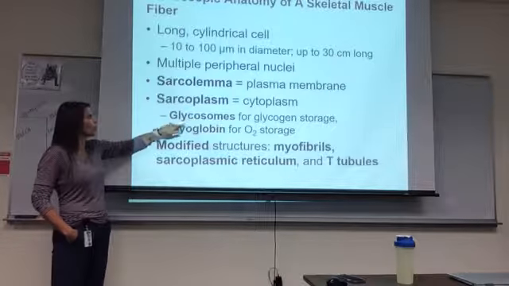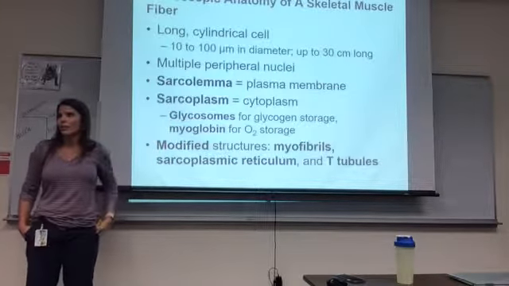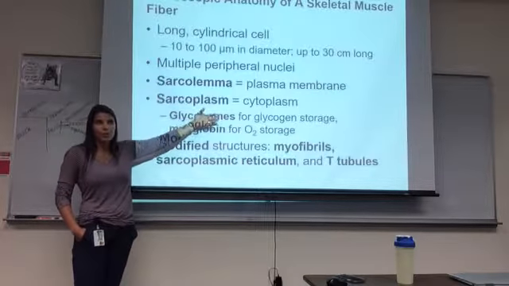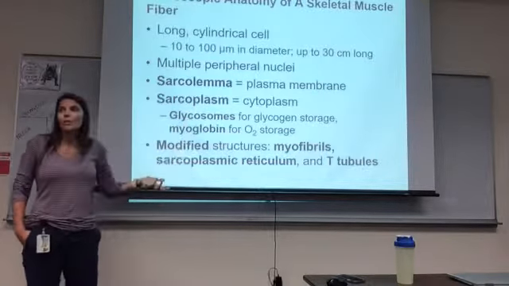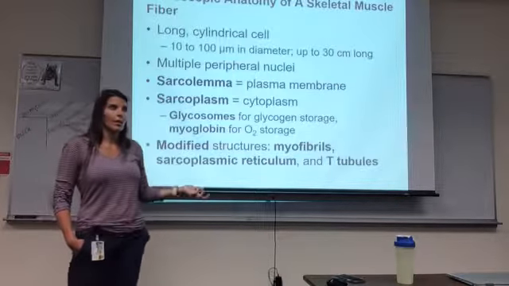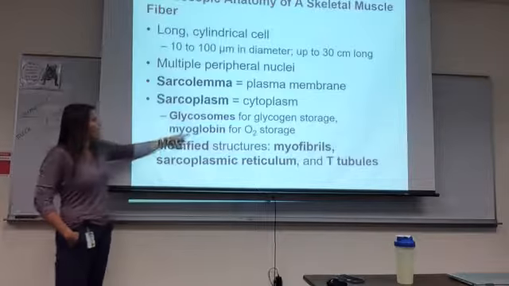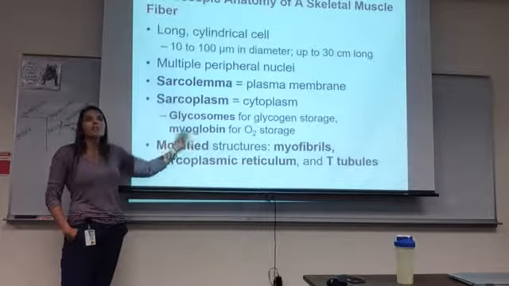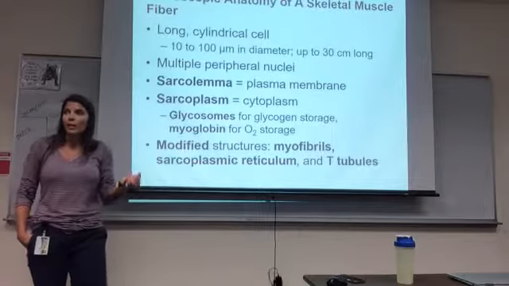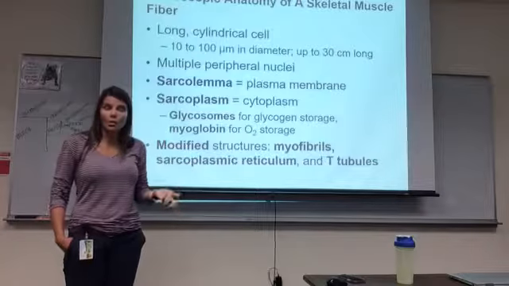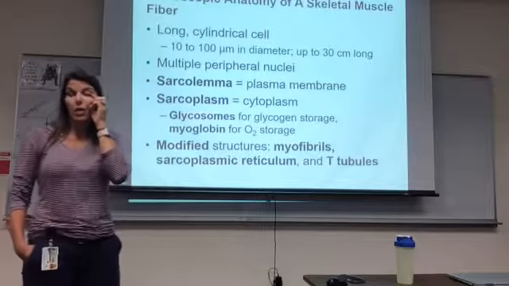Can you tell me what you think glyco sounds like? Sugar. So this is sugar storage, glycosomes. My muscles need glucose because glucose allows for ATP to be produced and energy for my muscles. Myoglobin. Myo tells me muscle. This is specifically a protein, like hemoglobin, but found in my muscles, myoglobin, and it holds a lot of oxygen. My muscles need a lot of oxygen to contract.